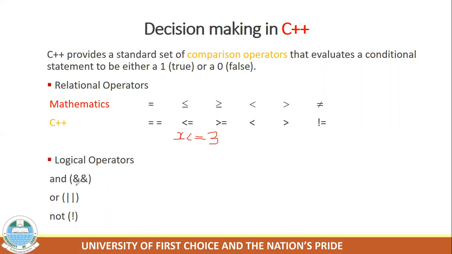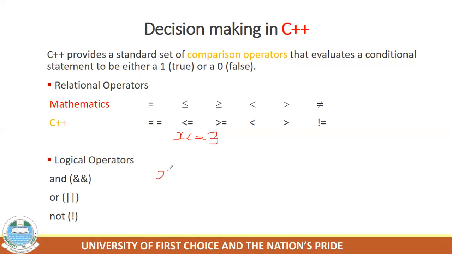Why? Because a single ampersand stands for address. We use a single ampersand in C++ for address. So for an AND operation, you need two ampersands.